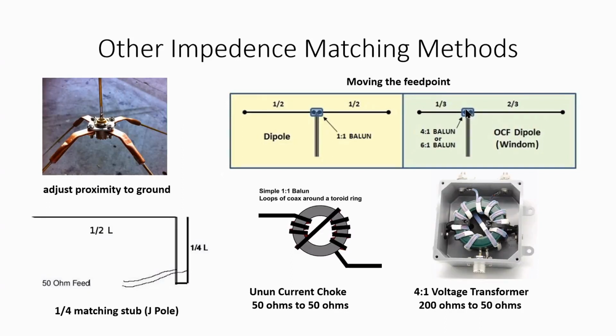But now this is a higher impedance because it's not in the center of the dipole anymore. So in most cases with an off-center fed dipole, you have a 4-to-1 balun to have a 4-to-1 match ratio to change that from a 200 ohm antenna to a 50 ohm match with the coax.